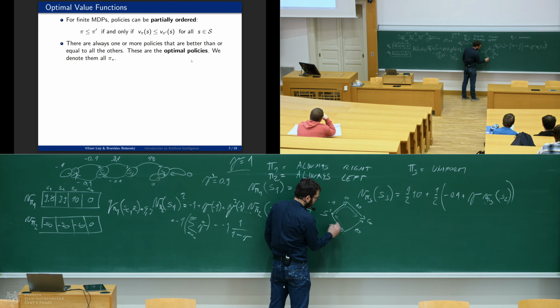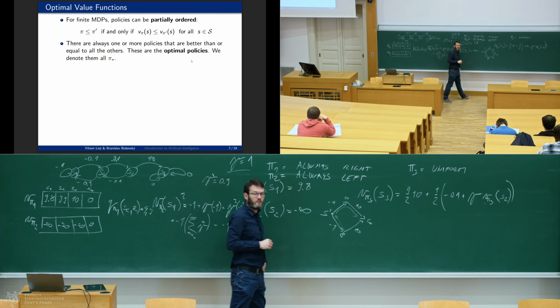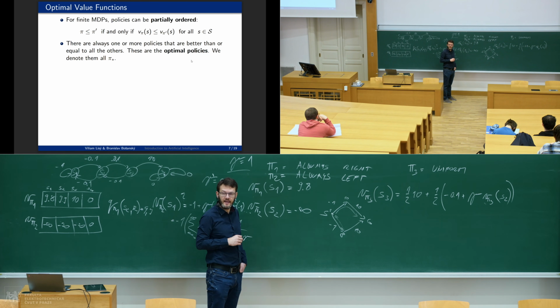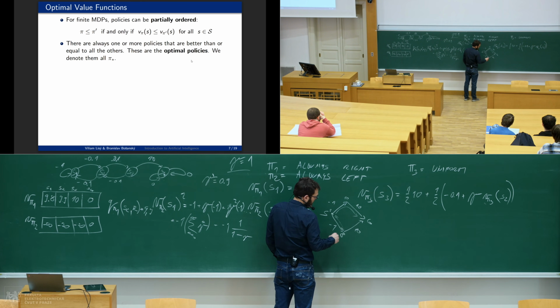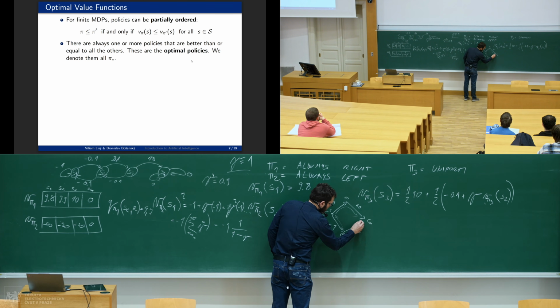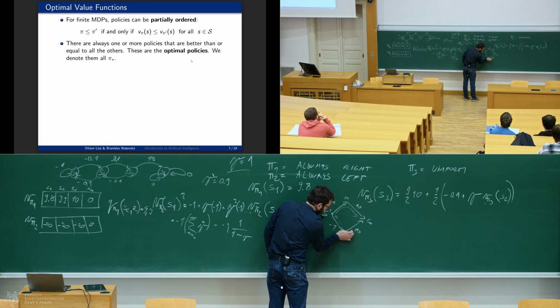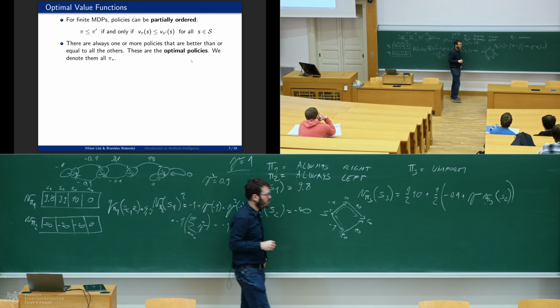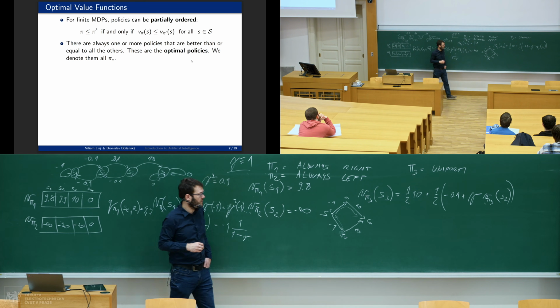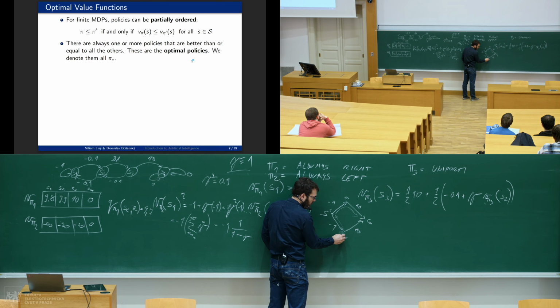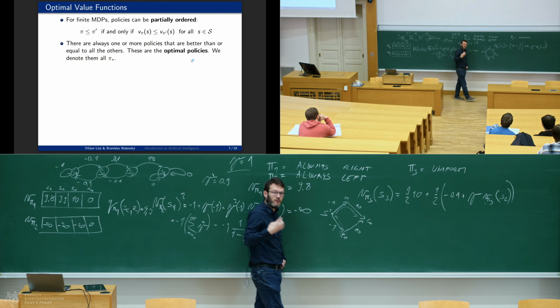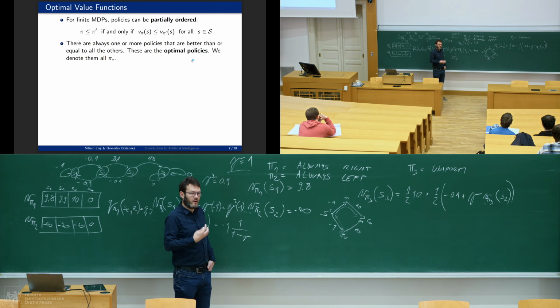Then you would have the value of that state 8. But if you go this way, you have the value of that state 10, and it's the optimal policy, regardless of whether you go this way or this way. If you have the policy even in the states where you don't get correct, then it's still the same optimal value function.